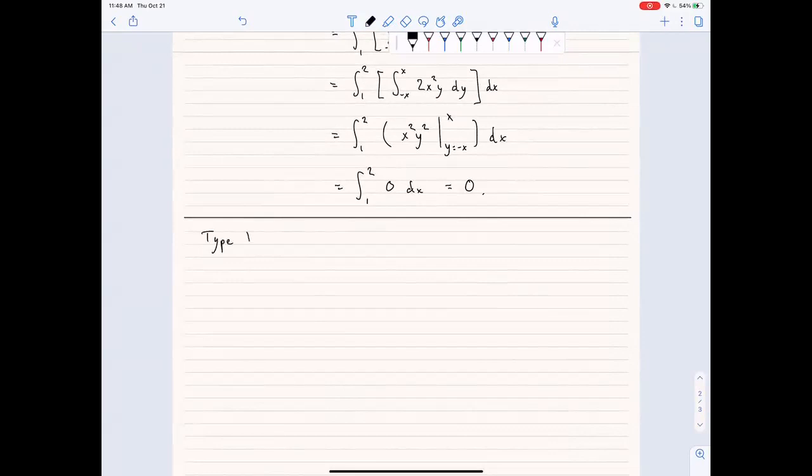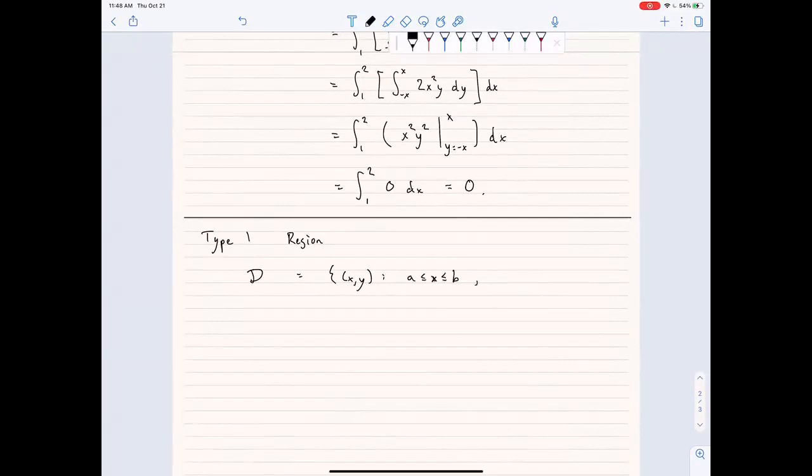A type 1 region is a domain D, which is just going to be equal to a set of points x, y in the plane that satisfy two inequalities. One, x is bounded by a and b, where a and b are constants.